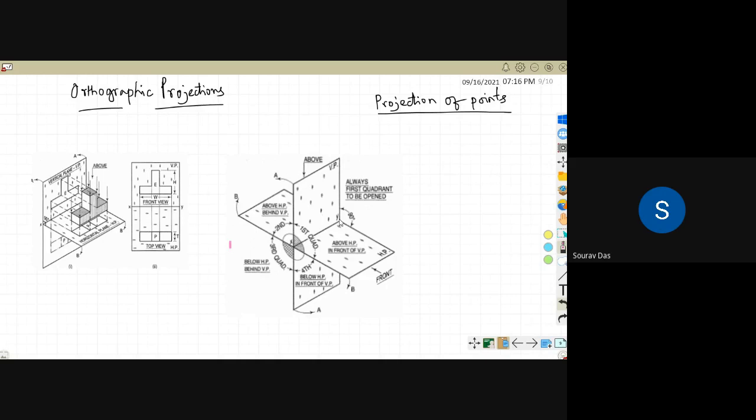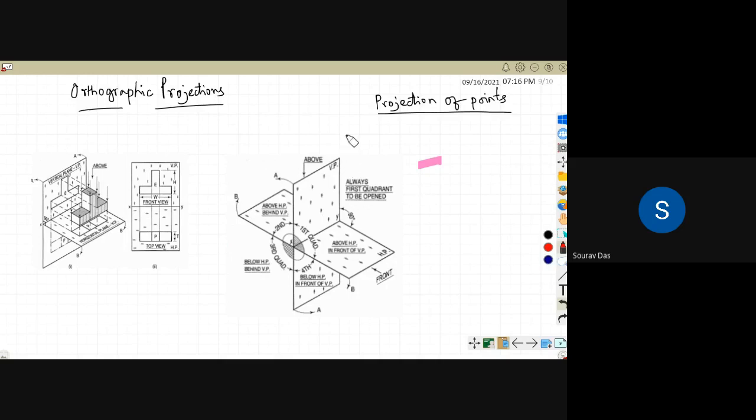Now, if we see a projection of points, before the projection of points, we'll talk about quadrants. There are 4 quadrants.